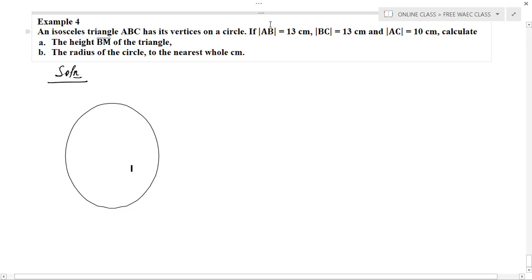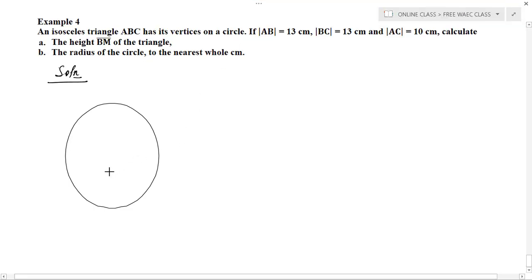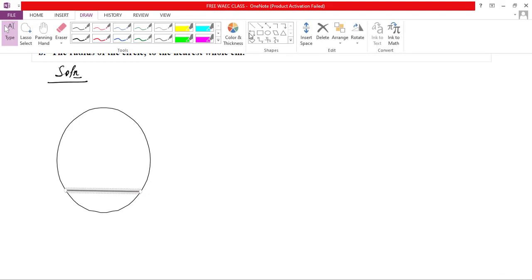So for this reason, you know how to draw it. Draw your chord first. Our chord here is the chord. Now let's draw the two sides.